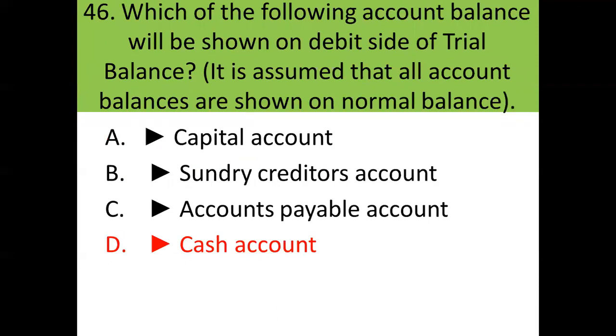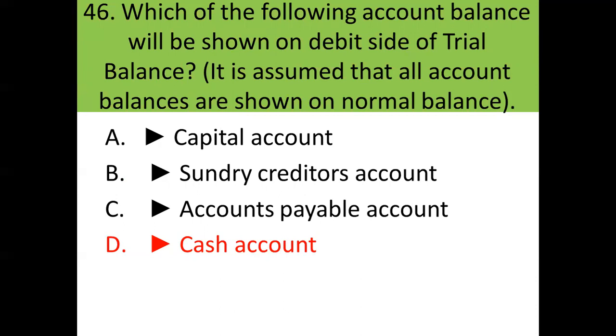Which of the following account balances will be shown on the debit side of the trial balance, if it is assumed that all account balances are shown at normal balance? Only the cash account will be shown on the debit side of the trial balance. Capital account, sundry creditors account, and accounts payable account, all those accounts will be shown on the credit side.